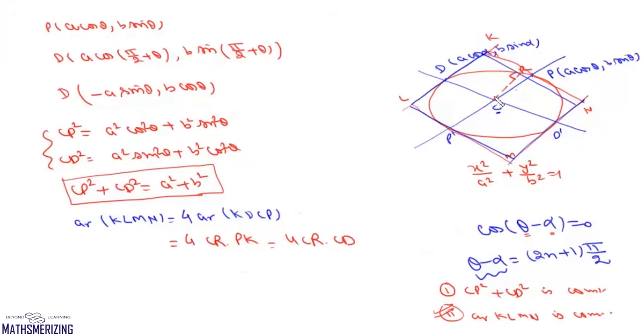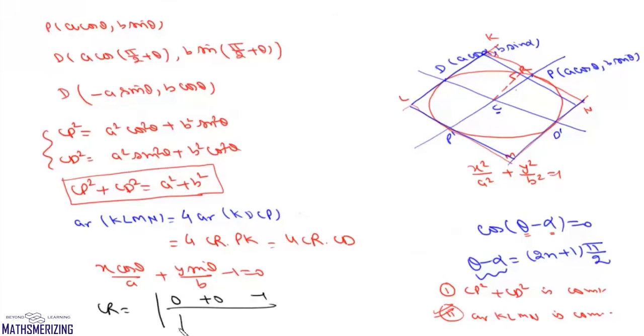Now we need to find this perpendicular distance of the tangent at P from the center C. We know that the equation of the tangent at this point P is x cos theta upon A plus y sin theta upon B minus 1 equals 0. If we drop a perpendicular from the origin, we get this distance CR, which is 0 plus 0 minus 1 upon under root of cos square theta upon A square plus sin square theta upon B square.